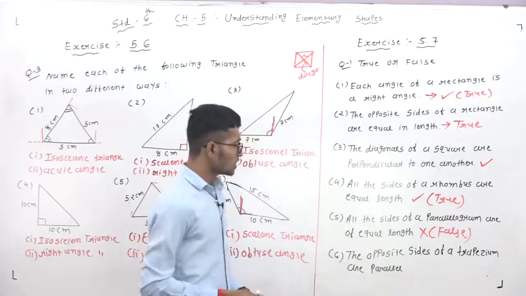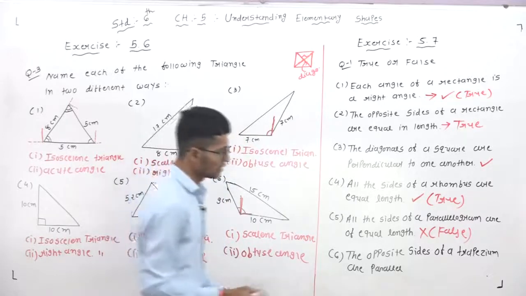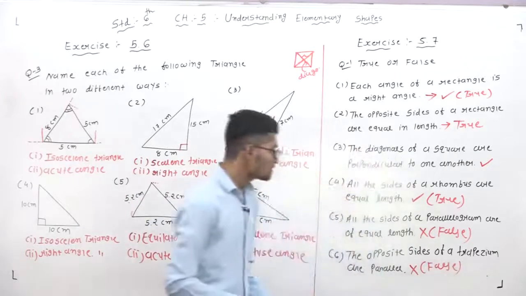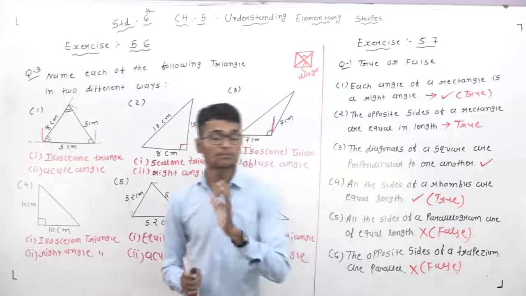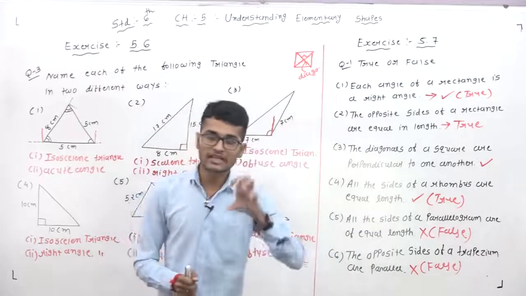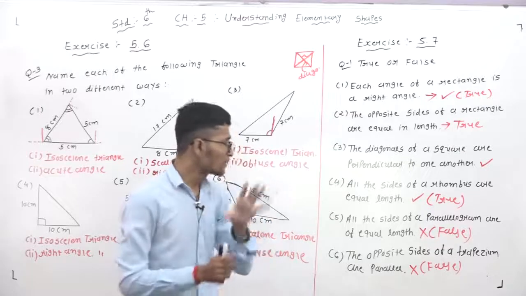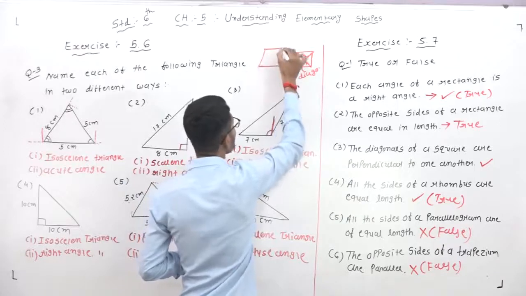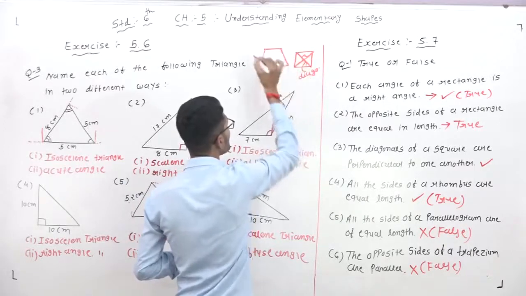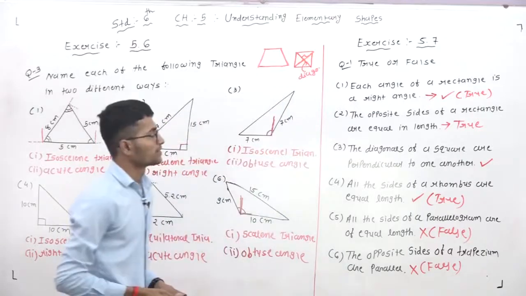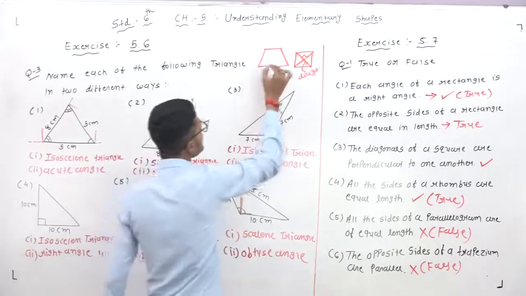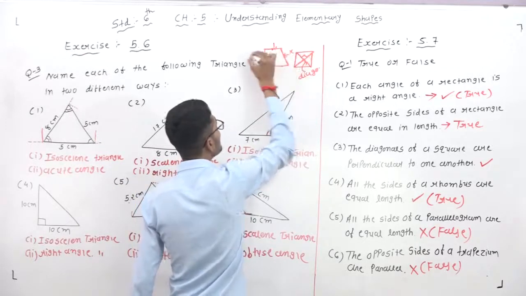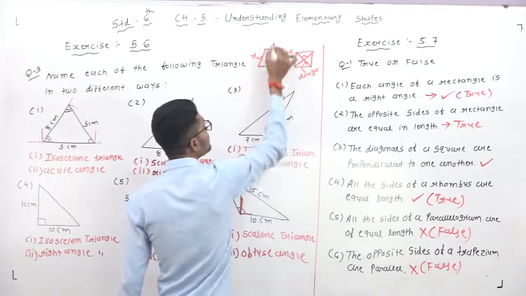Then our next one: the opposite sides of a trapezium are parallel. So dear students, this one is a false answer, the wrong answer. Why? In a trapezium, see here, these two sides are parallel, but these two sides are not parallel. It's called non-parallel, and this is the parallel.